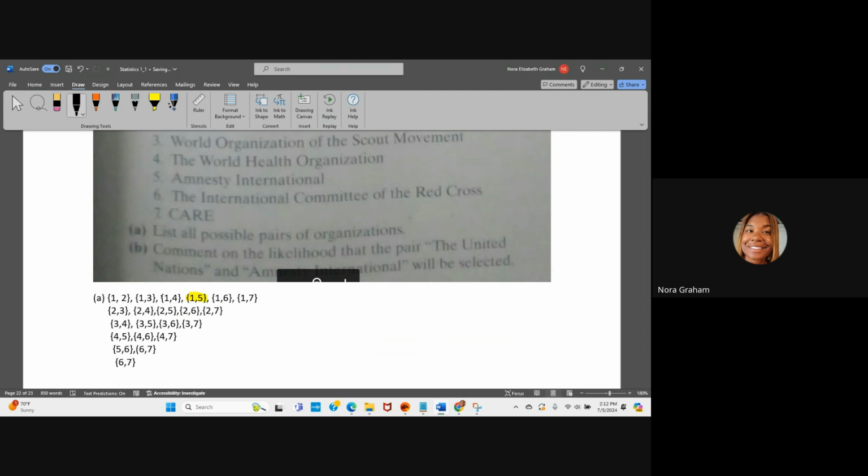So we have 1, 2, 3, 4, 5, 6, 7, 8, 9, 10, 11, 12, 13, 14, 15, 16, 17, 18, 19, 20, 21 combinations. So it's going to be 1 over 21. That's my likelihood of picking the United Nations and Amnesty International.